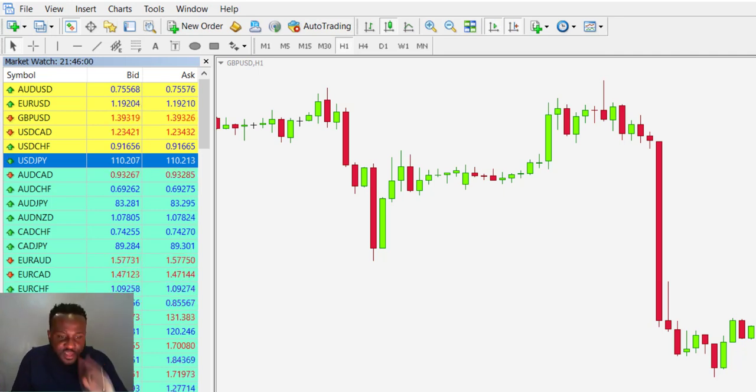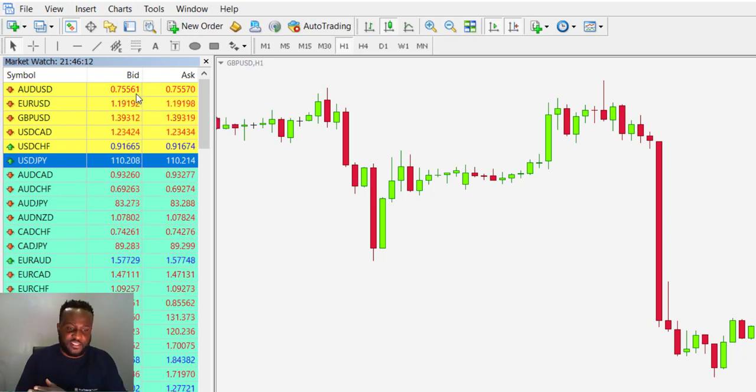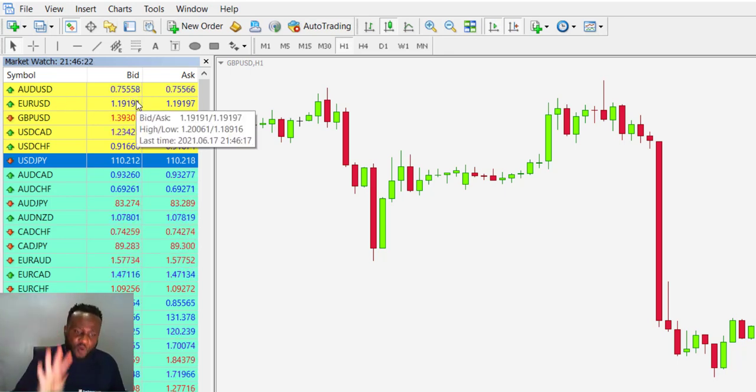The third thing I would like to talk about is where I have the non-JPY pairs at 5 digits after the decimal point, so 5 decimal places. In the past, when Forex trading all started, those currency pairs used to be just 4 decimal places.